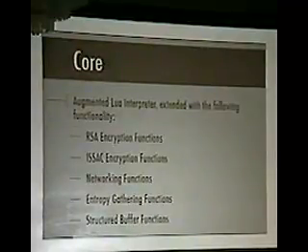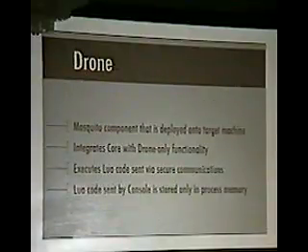Let's talk about Core. Core is really nothing more than an augmented Lua interpreter extended with the following functionality: RSA encryption functions, ISAAC encryption functions, networking functions, entropy gathering functions, and structured buffer functions. The Drone is the Mosquito component that is deployed onto the target machine.